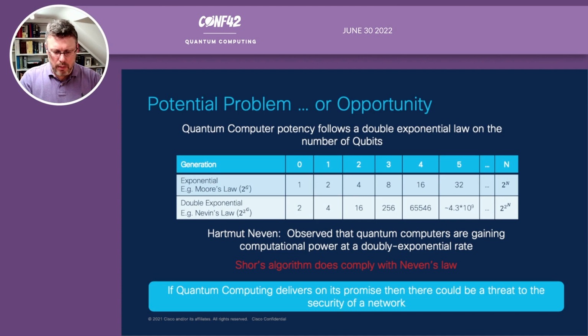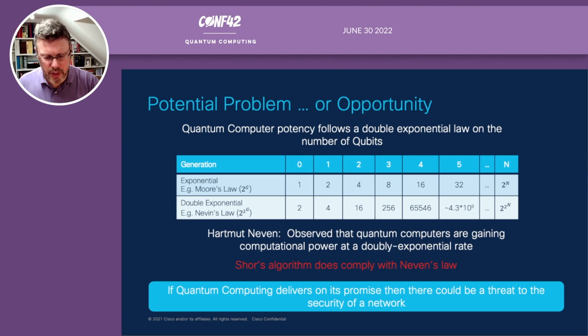A computer that's able to explore the entirety of state space changes the way we look at the potency of calculations that such a computer would have. This slide has a table on it, and the table indicates the generations that a particular technology would have, generation 0, 1, all the way to n.